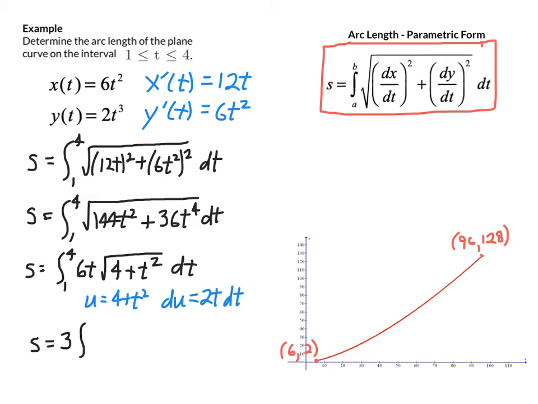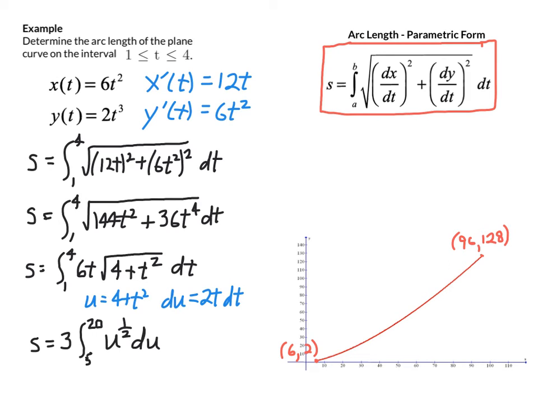And if we wish, we could switch the bounds over into u also. If u is 4 plus t squared, that means the lower bound is going to be 5 and the upper bound is going to be 20 in u. And then I'm left with, on the inside, u to the 1/2 du.